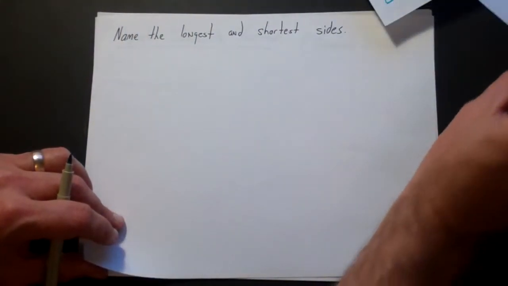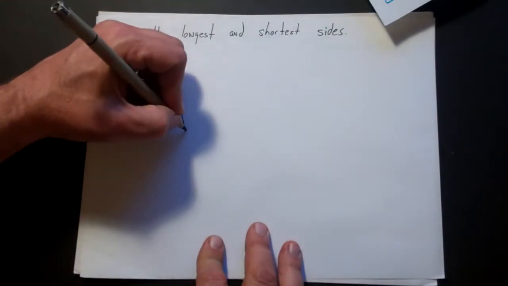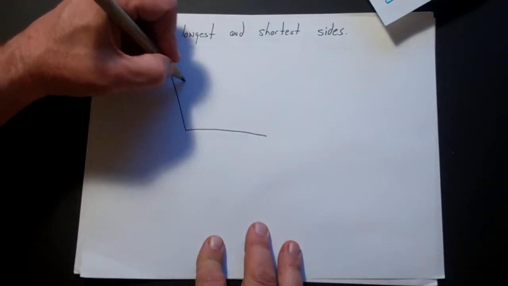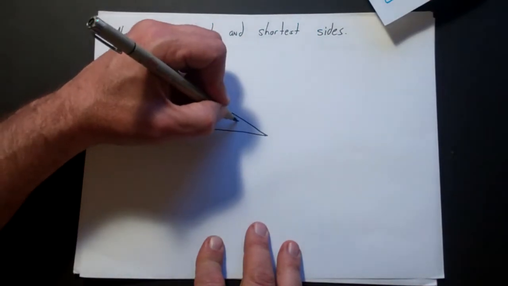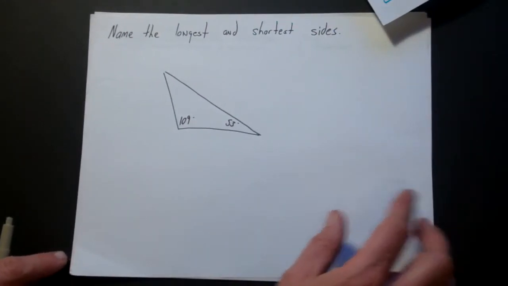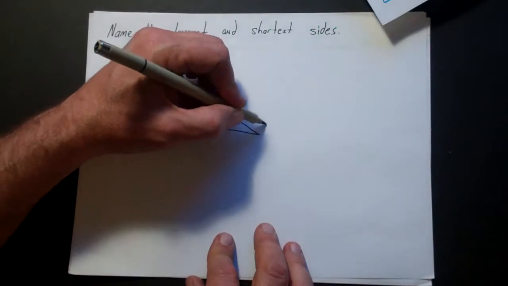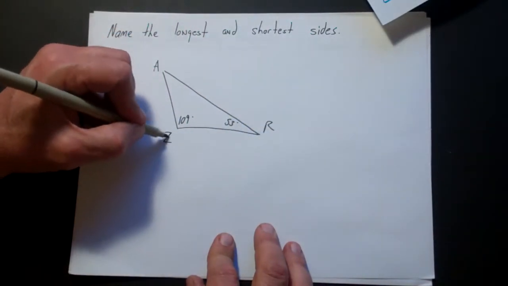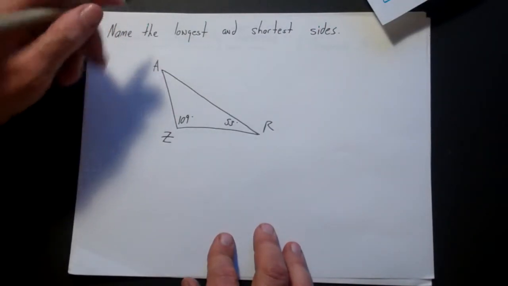Now let's look at a problem where we're naming the largest and smallest sides. Let's say this was 109 degrees, and this is 53 degrees, and let's call this A, R, Z. Well, if you know two angles, you always know the third angle.